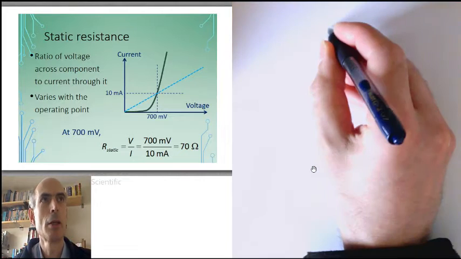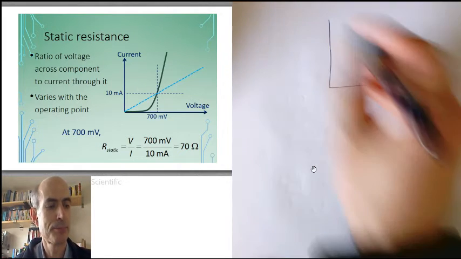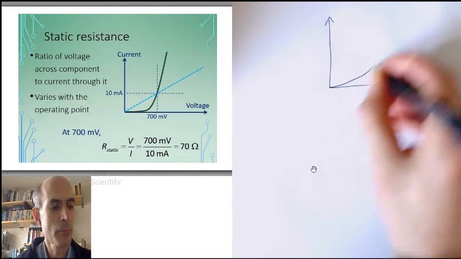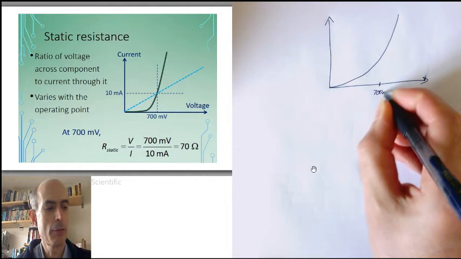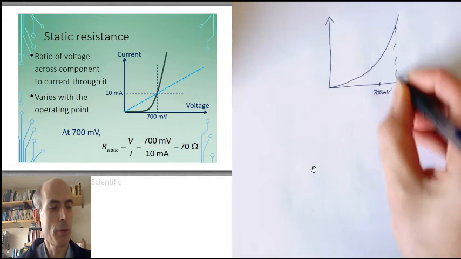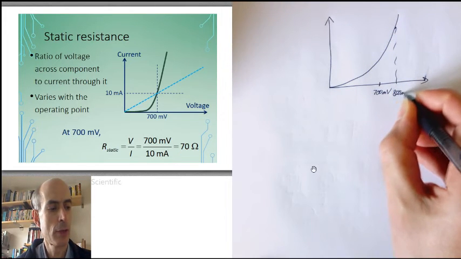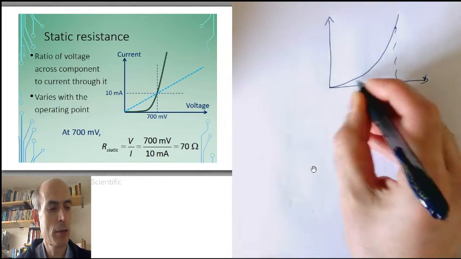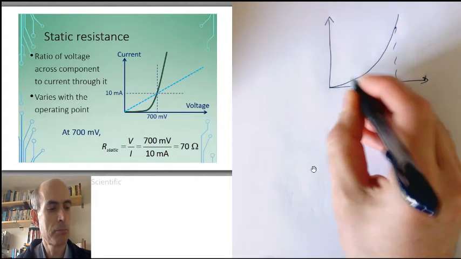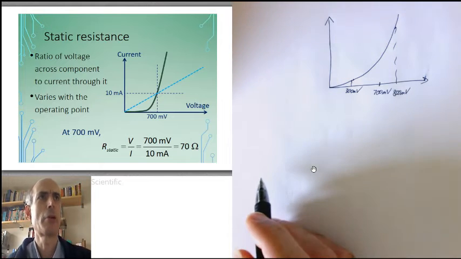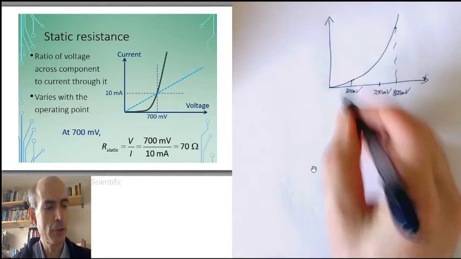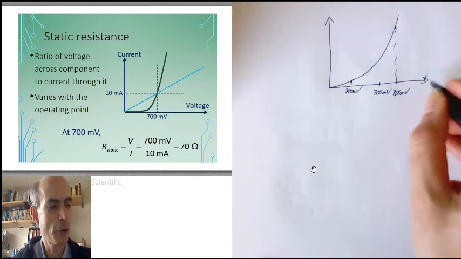For example, supposing we had something like this, and this was our 700 millivolts, and that point there was 800 millivolts, and this point, say down here, about 300 millivolts. That's not a very accurate representation of what diodes do, but it will do for my purposes at the moment.